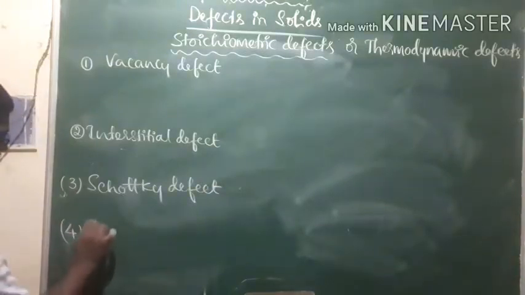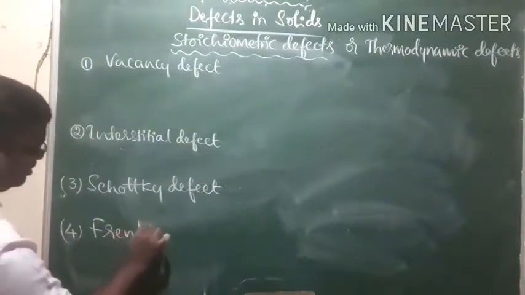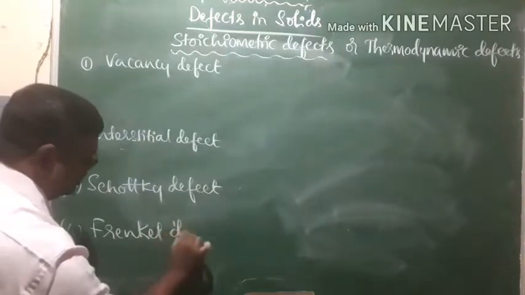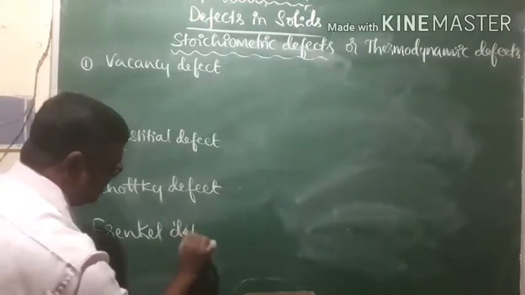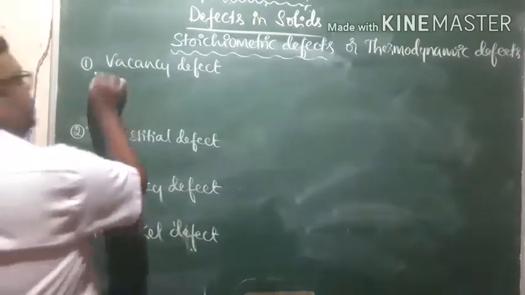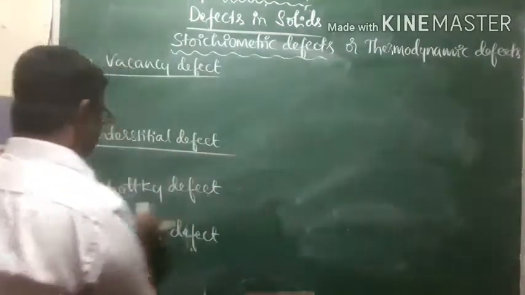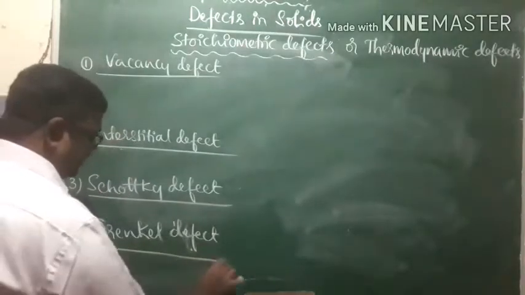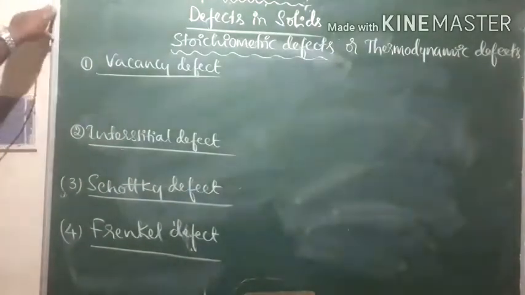Fourth will be Frenkel defect. Vacancy defect, interstitial defect, Schottky defect, and Frenkel defect. These are the four kinds of defects that you will find in the case of stoichiometric defects.